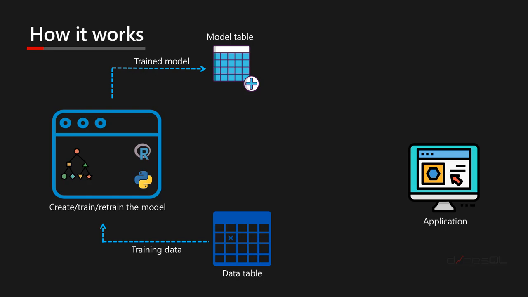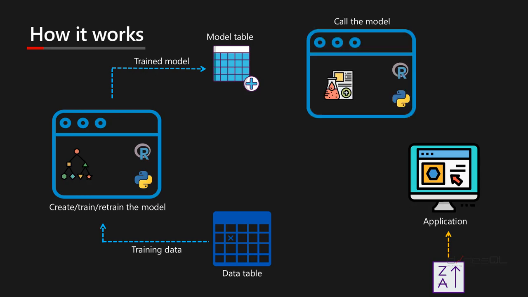Let's say we have an application, Windows based or web based, and you get some input and you need to pass this input to the trained model. So how do you do it? We need another stored procedure. The application calls this stored procedure and passes the input, then the stored procedure communicates with the model table.